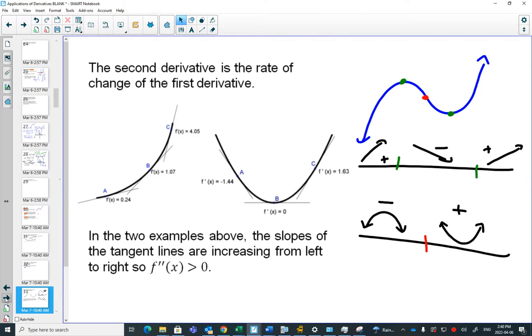So what we're going to do is make a number line. We're probably going to even start labeling our number line with f prime here, because that's our number line for our first derivative. And this one will be our number line for our second derivative. Plugging things into our second derivative tells you how your first derivative is increasing or decreasing, but also tells us about our original function being either concave up or concave down.